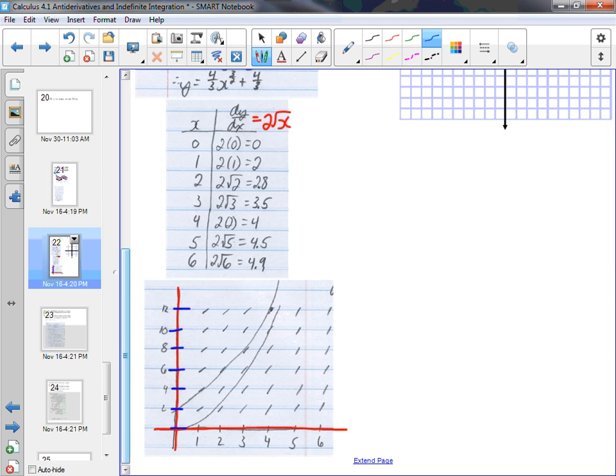All right, then when x equals 1, the slope, the derivative, will be 2 times the square root of 1. Well, 2 times 1 is 2. And then, look, you just got to estimate, don't you? So I estimated when x equals 1, these slopes of 2.